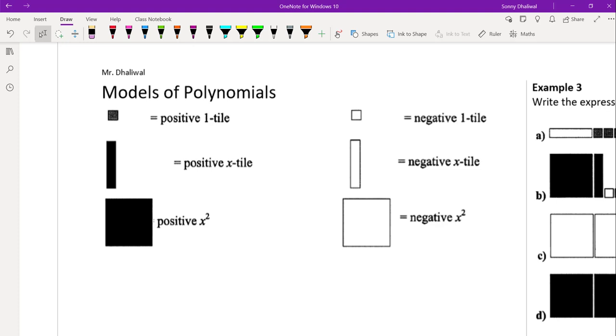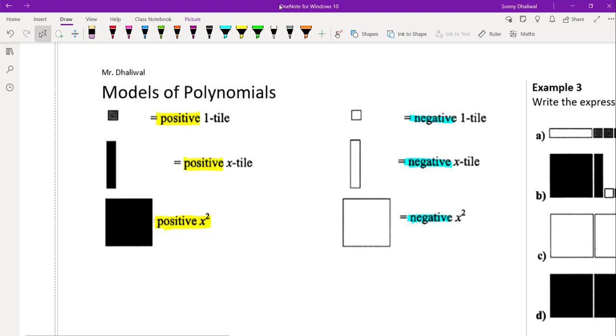For the purposes of this course, black tiles are positive, white tiles are negative. So what they mean is the same. It's just the sign. If it's positive versus negative, that is different.